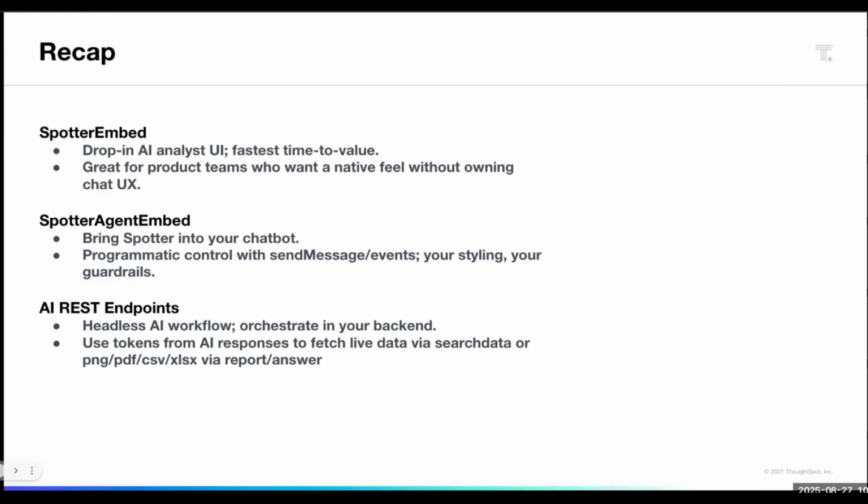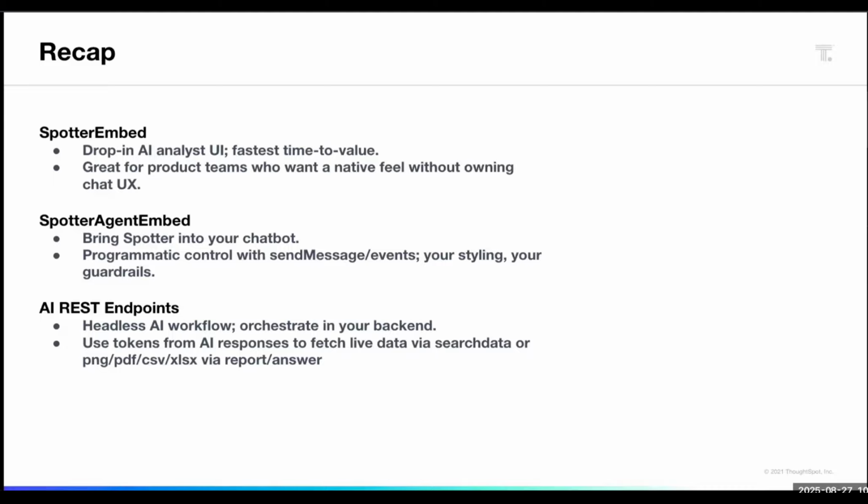So again, just to recap, Spotter Embed is great for a drop-in AI analyst UI. You're going to get what you get, with some customizations with our REST and SDK, and get to market very quickly. With Spotter Agent Embed, you're bringing Spotter directly into your existing text boxes or chatbots or agents, and you're able to control programmatically sending that message, full styling based on however you want to design that search, and whatever guardrails you want to put around that.